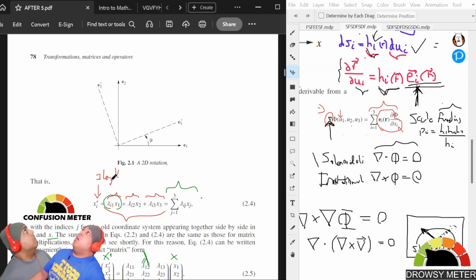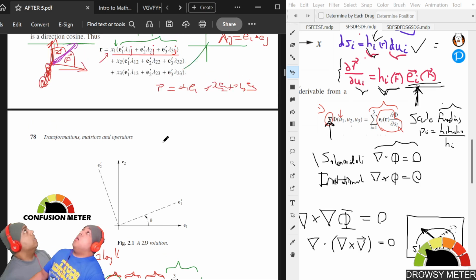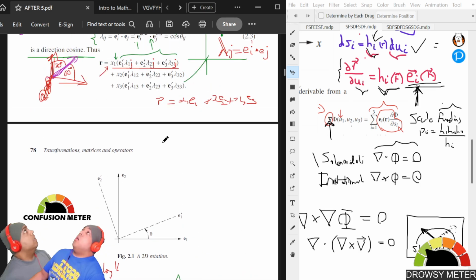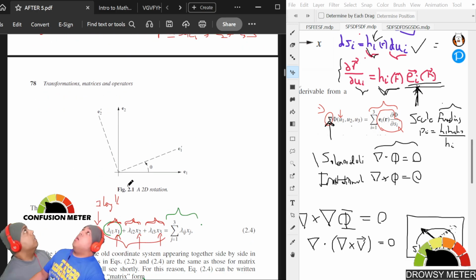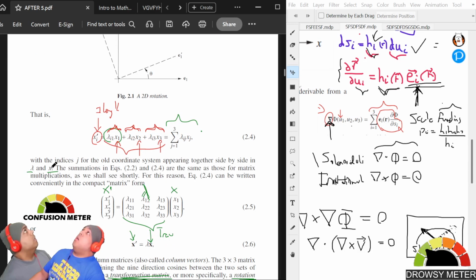To find one new length, we need to take into consideration how each length contributes. So lambda is just cos theta, right? All of this has to do with projections, is my theory. So to find one length, you find the projection of each of the other lengths towards this length. I get it in my head.